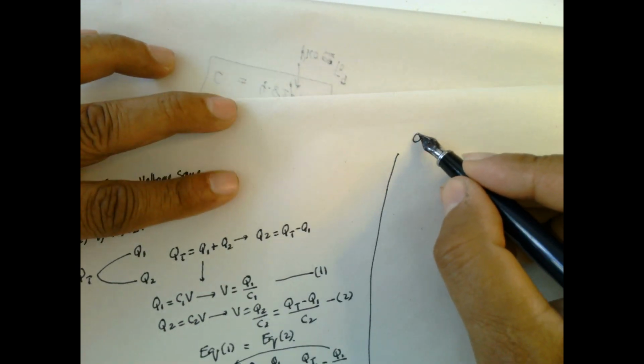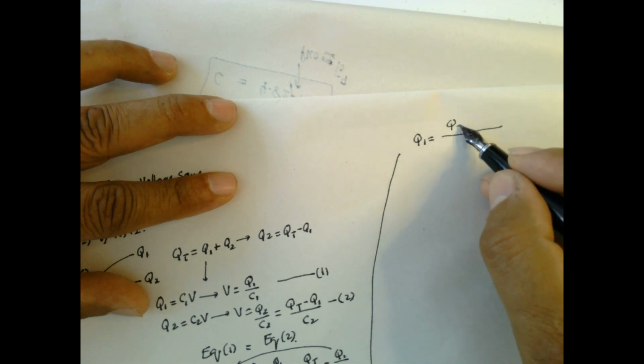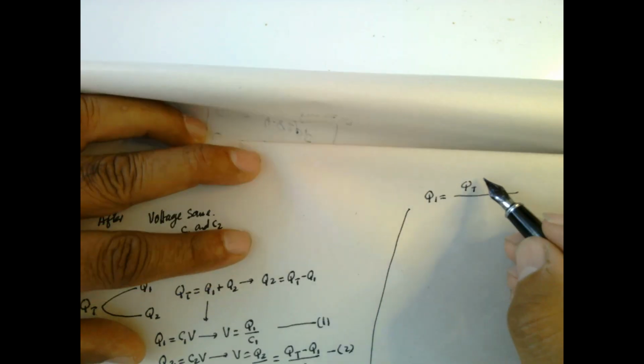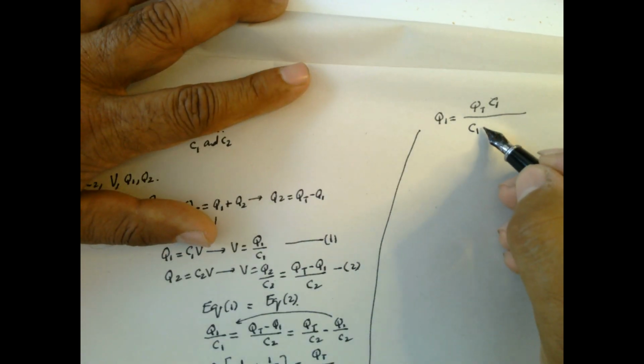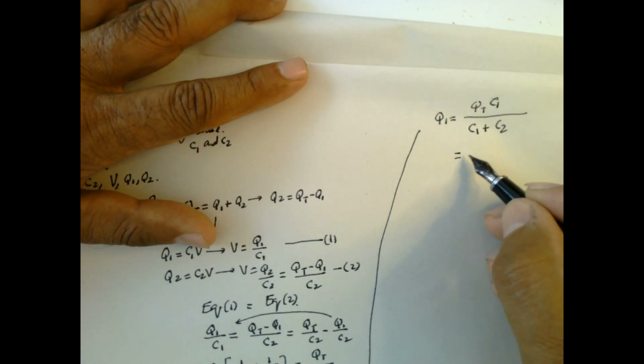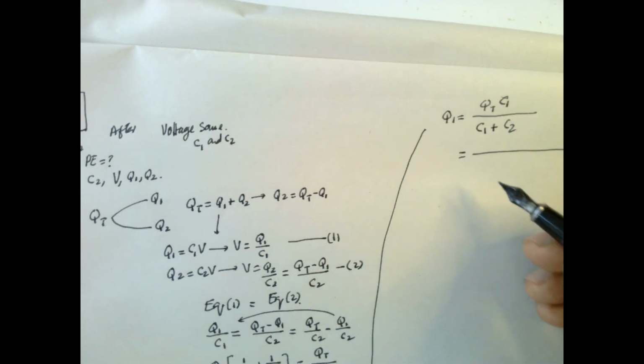So Q1 is equal to Q total C1 over C1 plus C2.